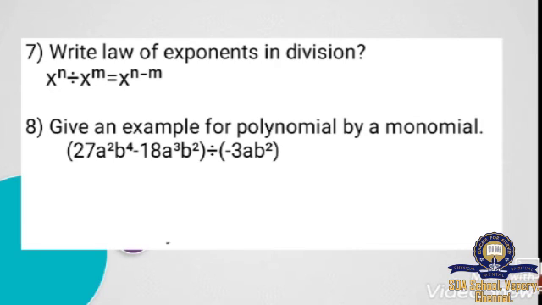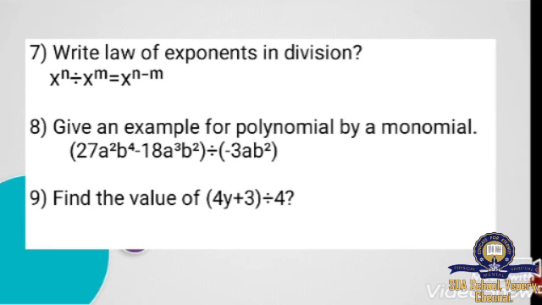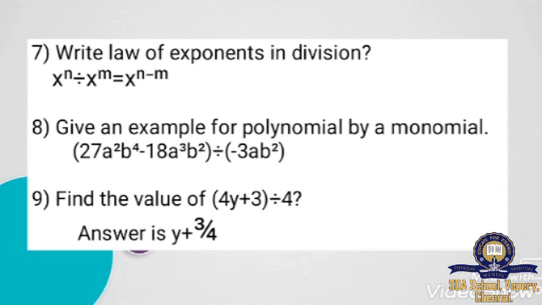So 27a square b raised to the power 4 minus 18a cube b square divided by minus 3ab square. Now can you find the value of 4y plus 3 divided by 4? Very good. So the answer is y plus 3 by 4.